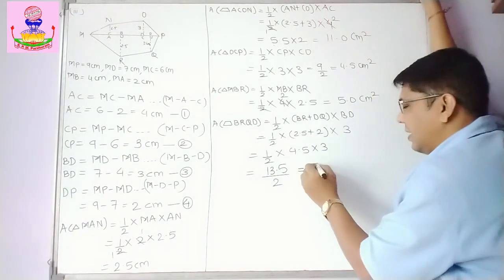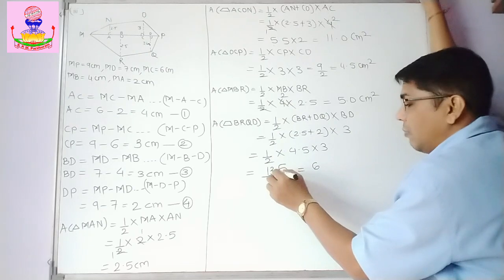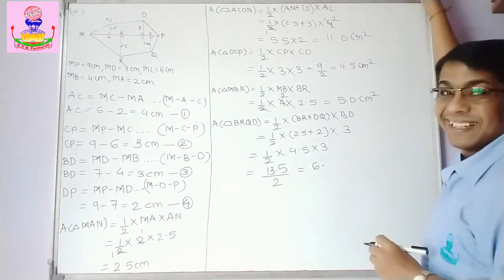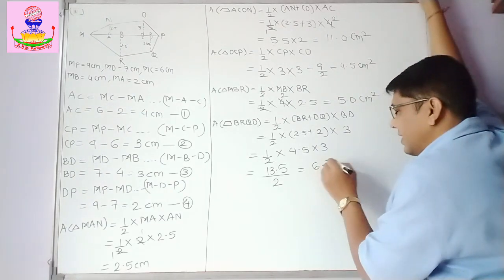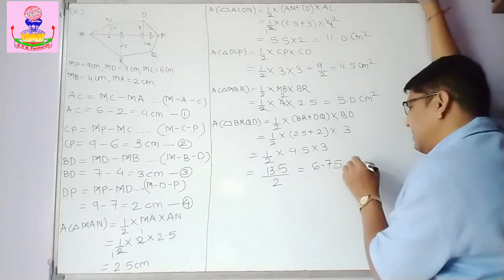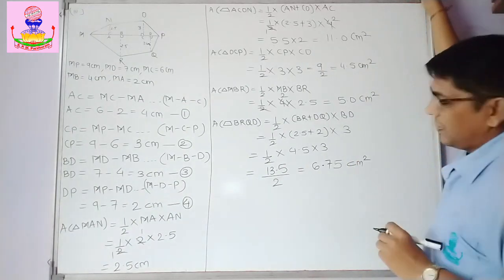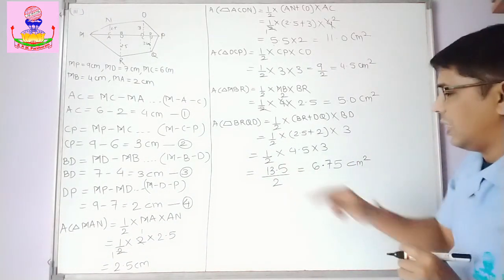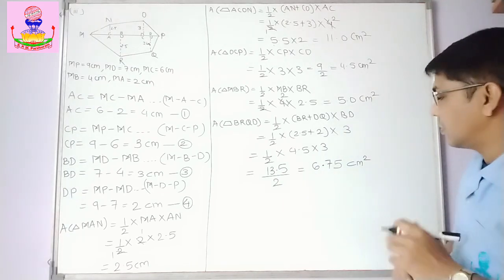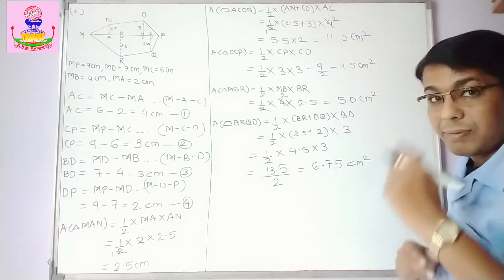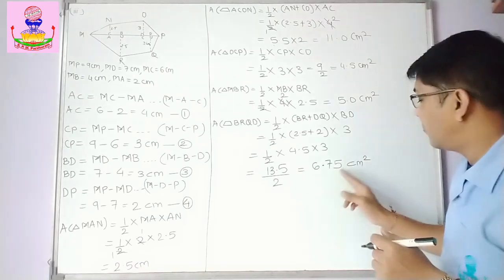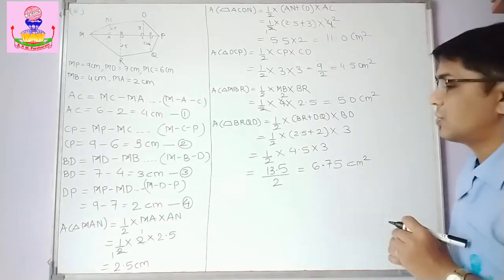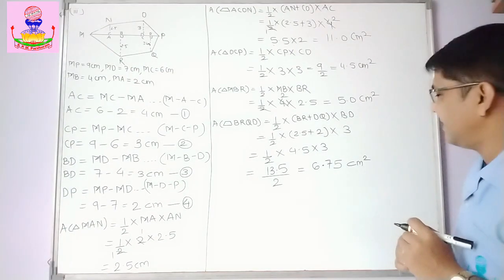Now divide it. 2 sixes are 12. 1 remainder. Decimal point, so it becomes 15. 2 sevens are 14, 1 remainder, 0 becomes 10. 2 fives are 10. So 6.75 square centimeters.